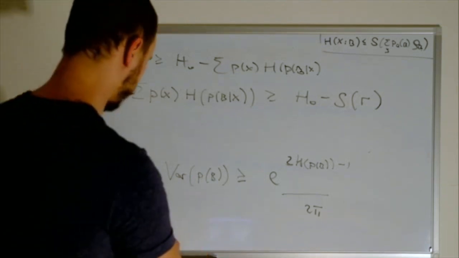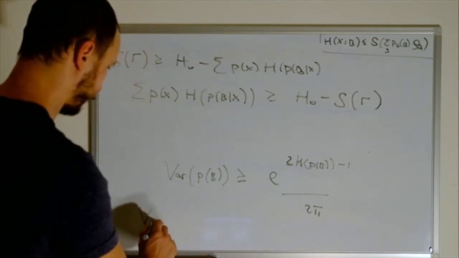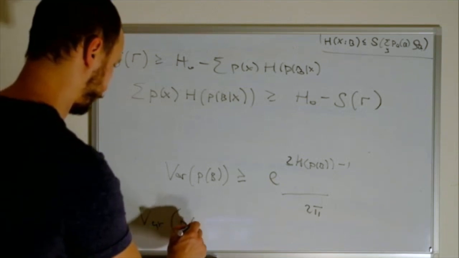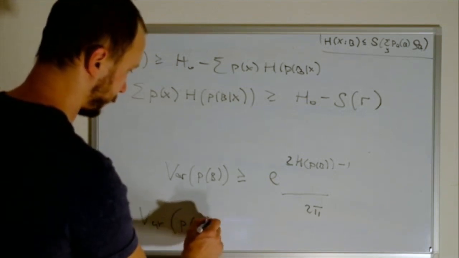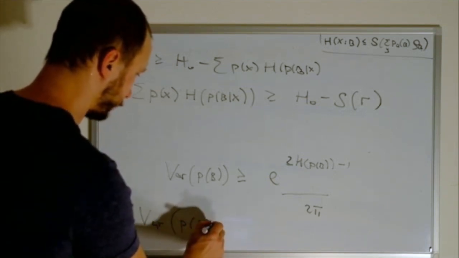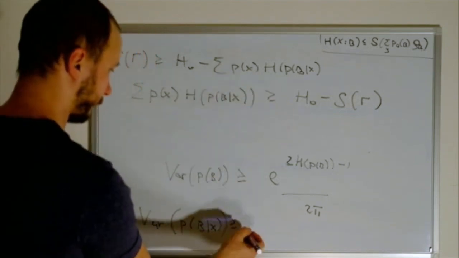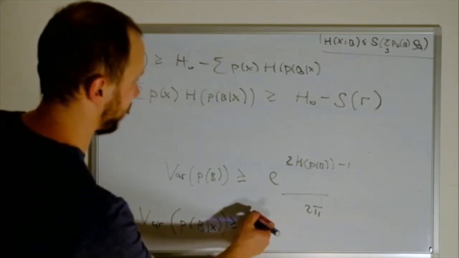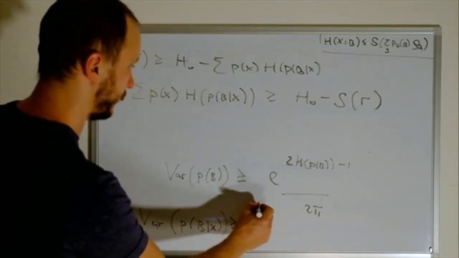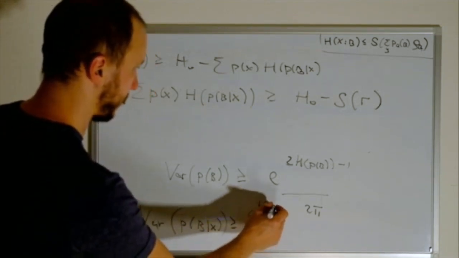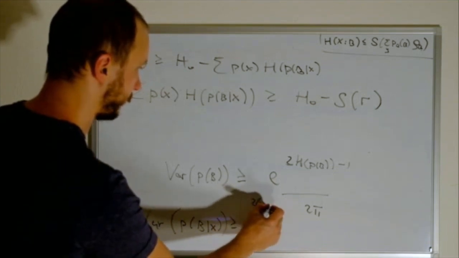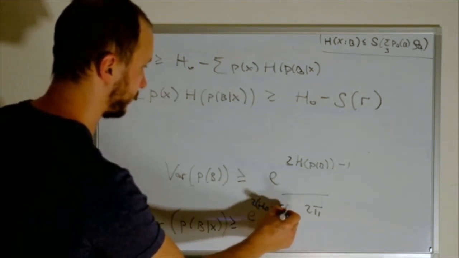So we get that the variance of p of b of x is larger or equal than this entropy H0 minus S of gamma.